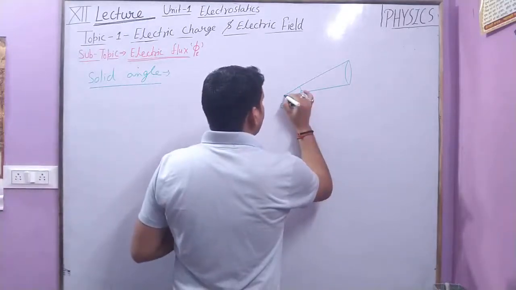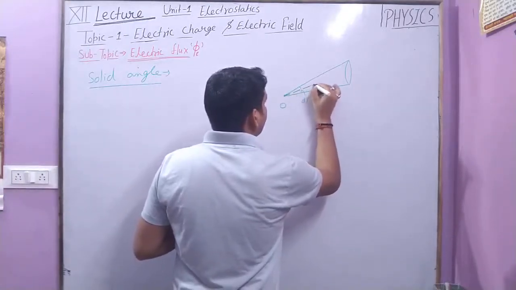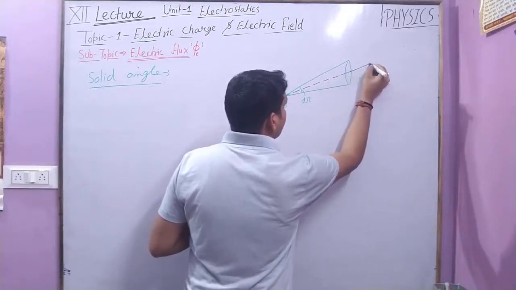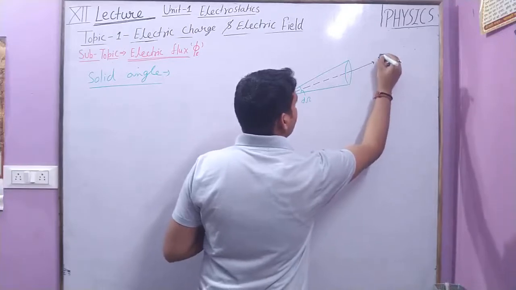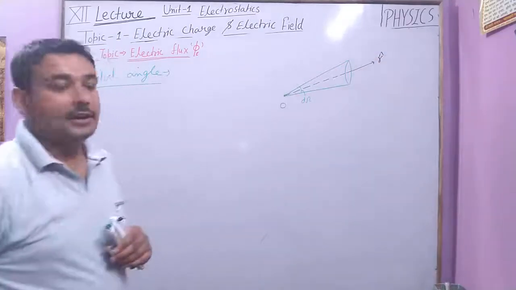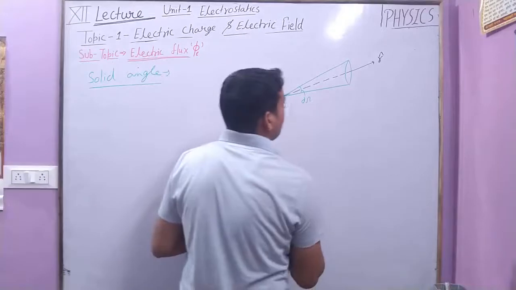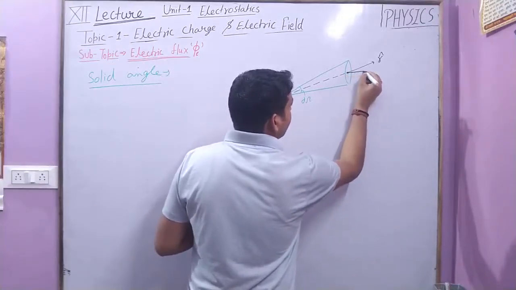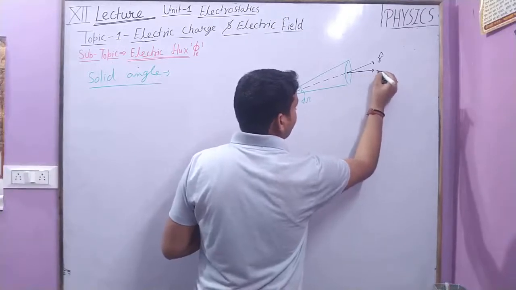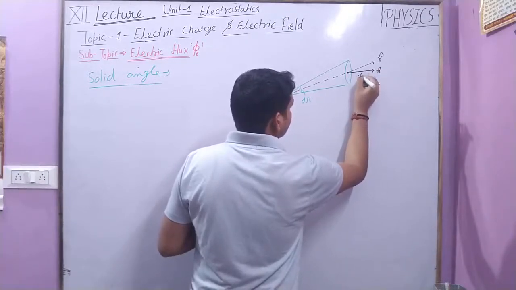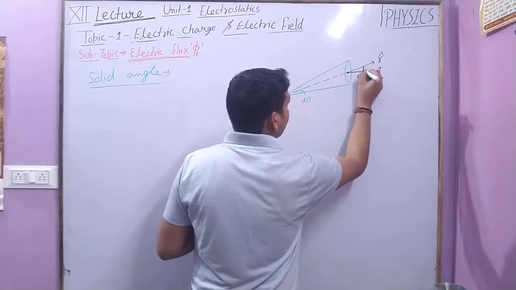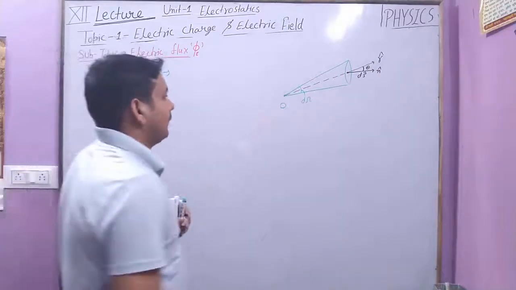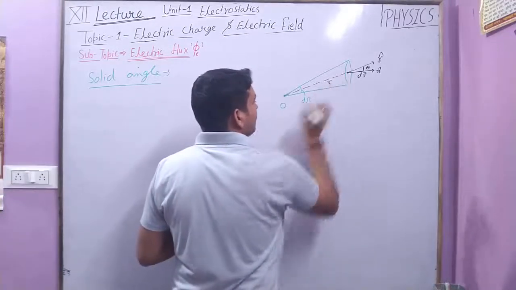So as this is the direction of radial vector r, at this point the area vector ds is making an angle theta with the r cap of radius vector.